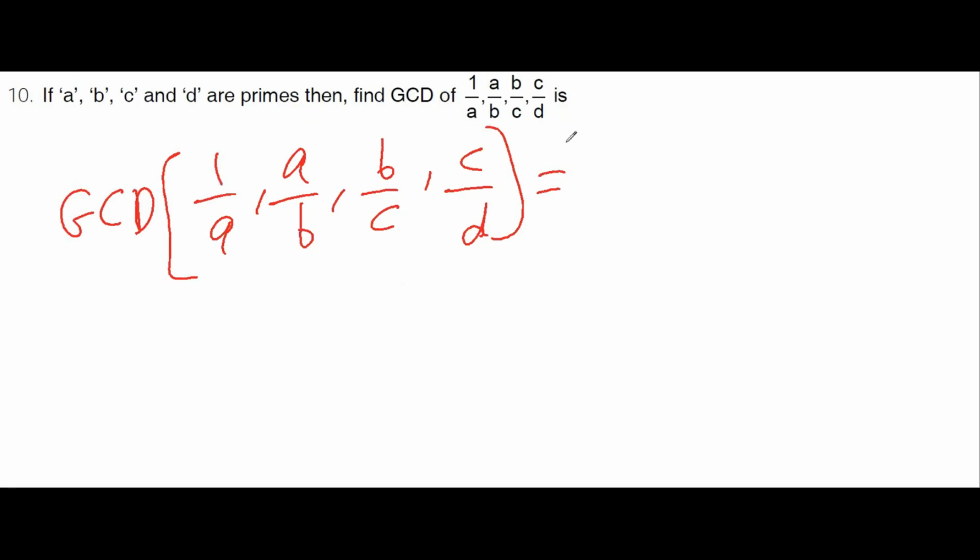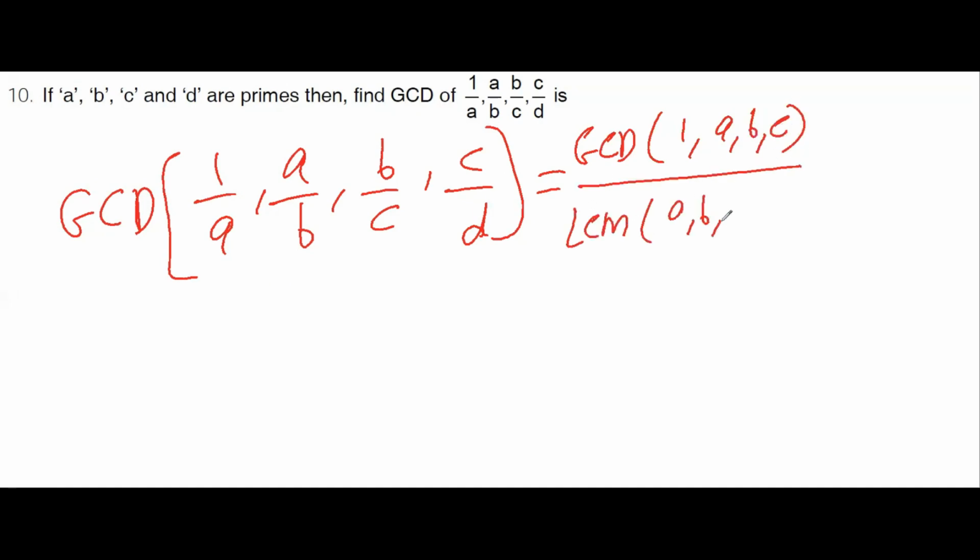So GCD of 1, A, B, and C divided by LCM of A, B, C, and D. GCD of all these prime numbers will be 1, and the LCM of all these prime numbers will be A, B, C, D. So 1 upon A, B, C, D is the correct answer.